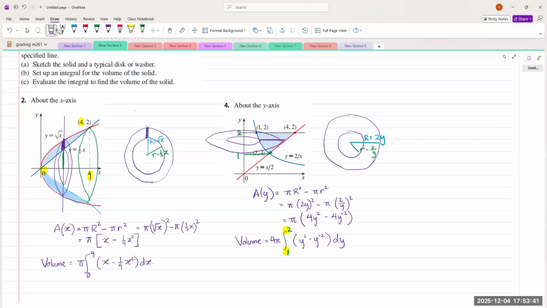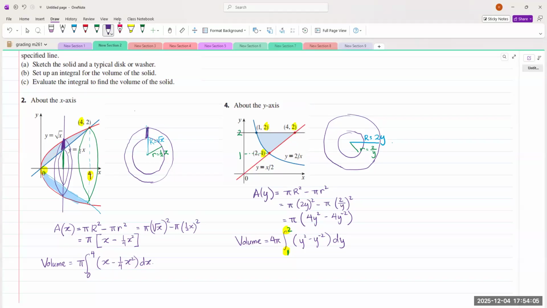Let me erase this so that we can see better. I hope you can see better now. The y value of the interval of integration is from 1 to y equals 2 here. We look at the y. Is it okay?